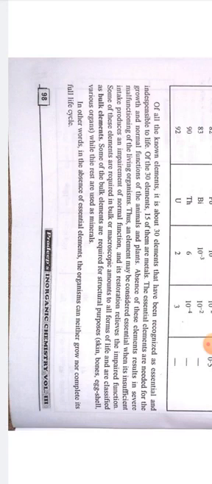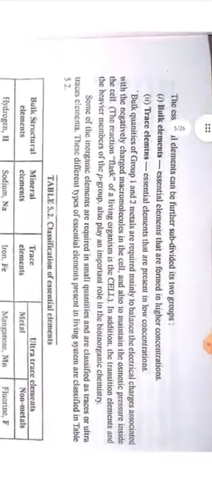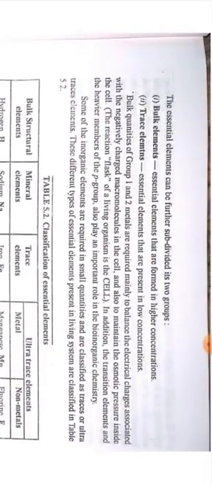In other words, in the absence of essential elements, organisms can neither grow nor complete their full life cycle. The essential elements can be further divided into two subgroups. First, bulk elements: essential elements present in a higher concentration. Second, trace elements: essential elements present in a low concentration.